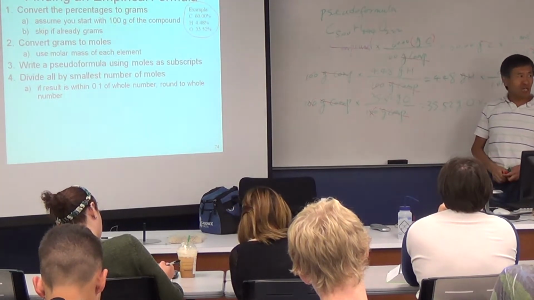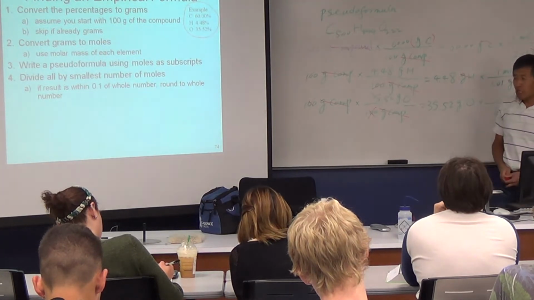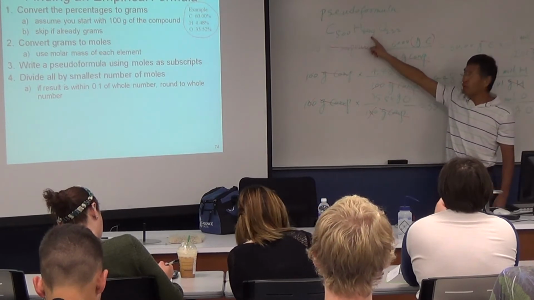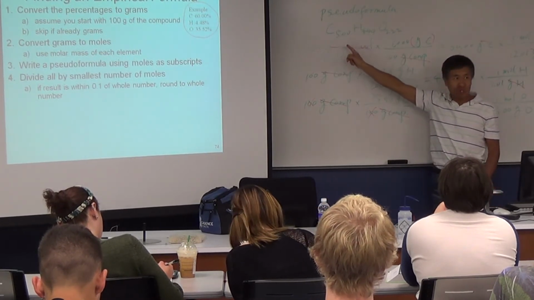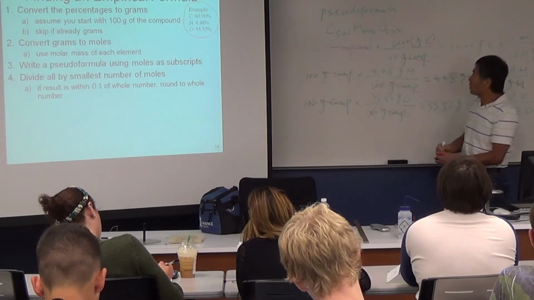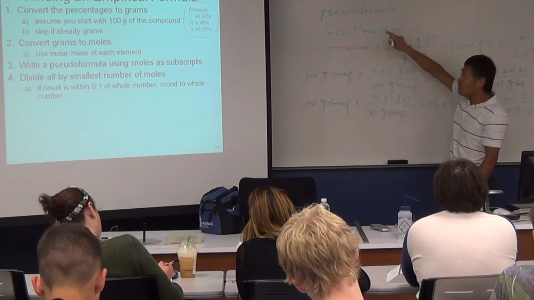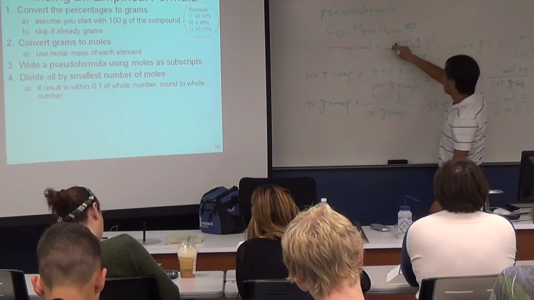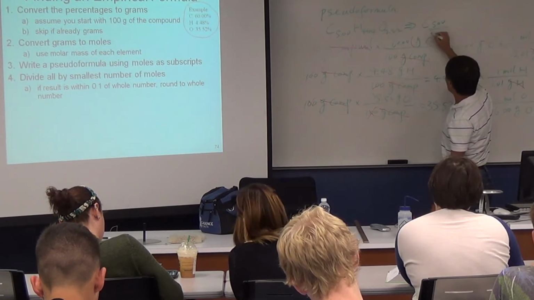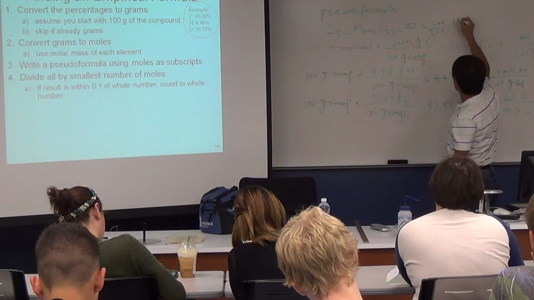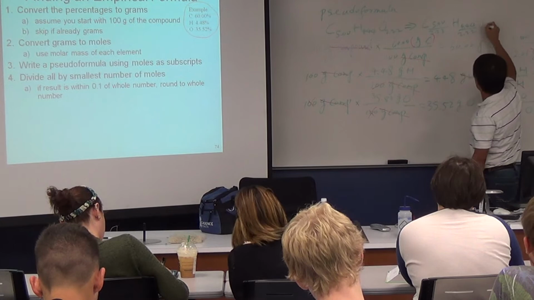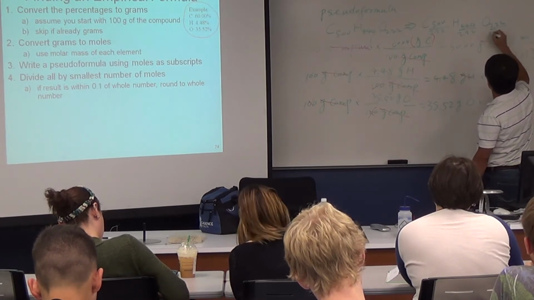Let's say in this example, we have 3 elements: this one is 2.22, that one is 4.44, and that one is 5.00. So the smallest mole is this one. You take this mole and divide into all the others. So carbon becomes 5.00 divided by 2.22, H 4.44 divided by 2.22, and then O 2.22 divided by 2.22.